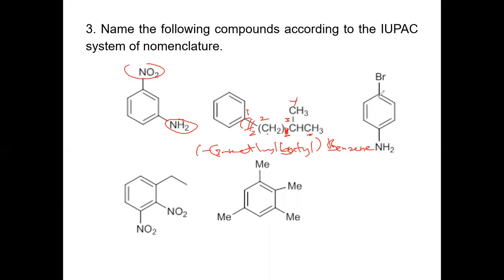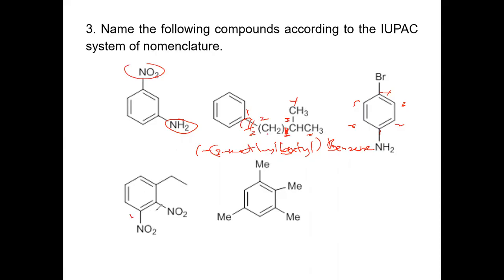Very simple. Now this one to the IUPAC, we can start numbering from here. So 1, 2, 3, 4, 5, 6. Right. So we can have 1-amino-4-bromobenzene. Very simple. Now if we come here, we can number from any place to the other.